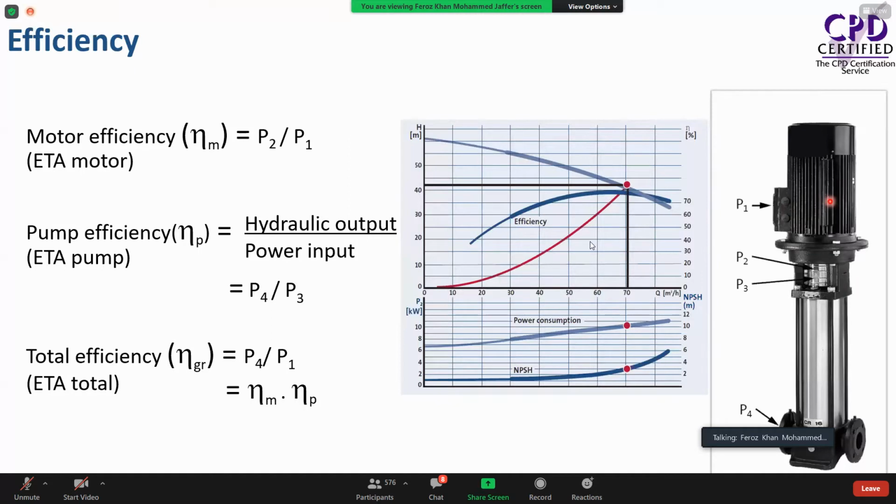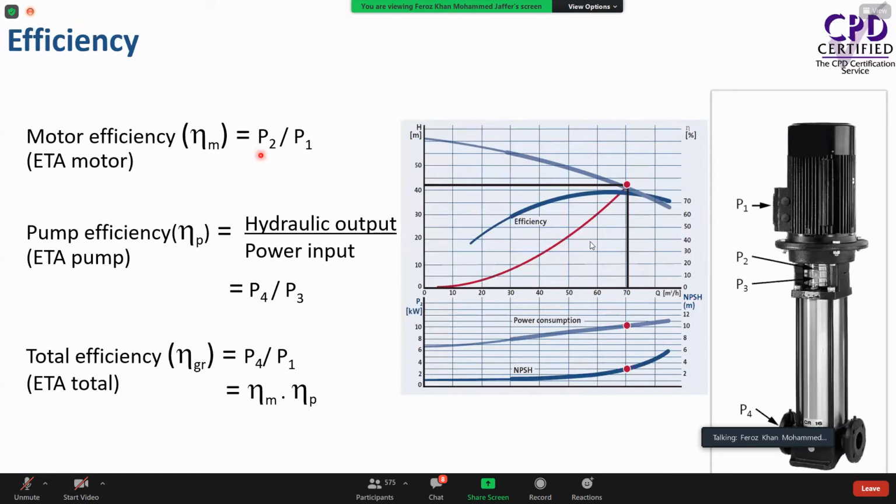We will be having some losses in the motor, in the form of heat energy. This is the formula that we use to calculate motor efficiency. Motor efficiency is equal to P2 divided by P1, so output divided by input.